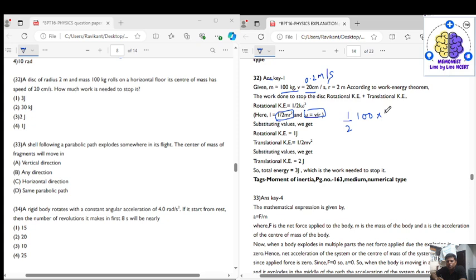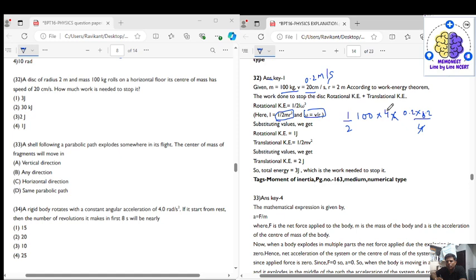R square will be equal to 4. This is half I into omega square. Omega is v by r. So v is 0.2 into 0.2 upon 4, right?